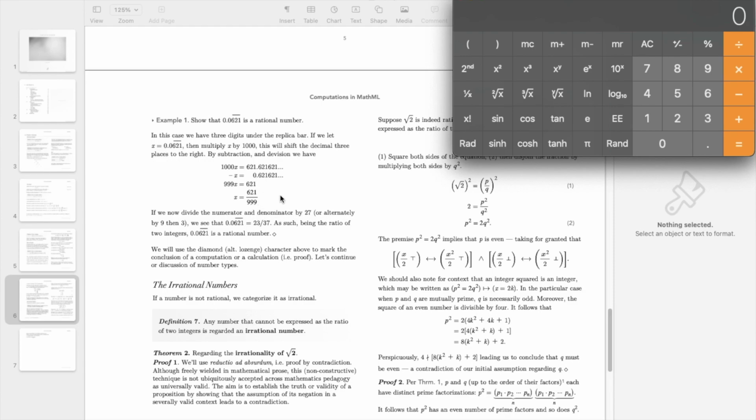So how do we reduce this then? Well, let's just go to our calculator here and do 621 divided by 3, divided by 3, divided by 3, and that is the result that we get, which is no longer divisible by 3, so we reduce the numerator to 23. And let's just do the same exercise for 999.